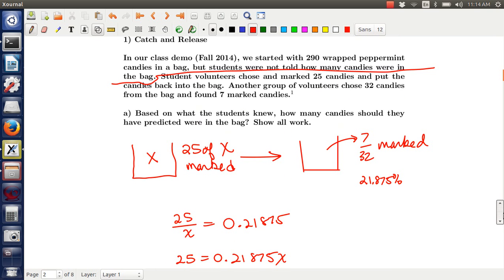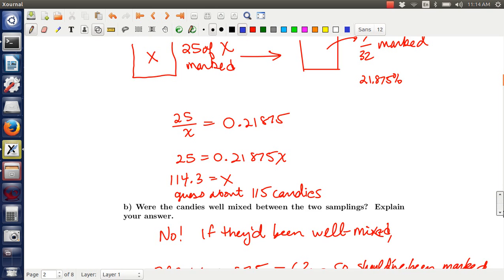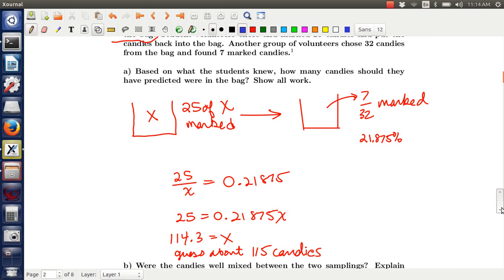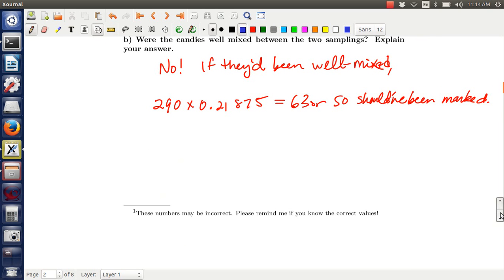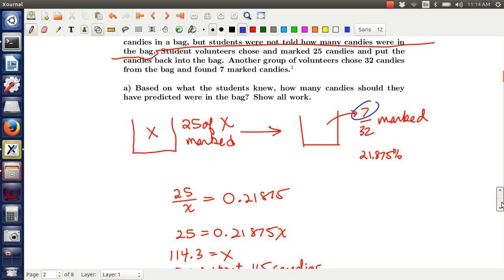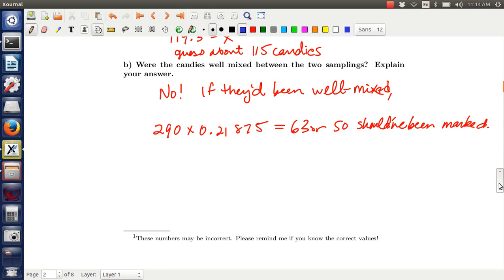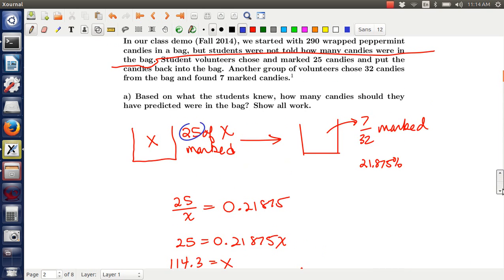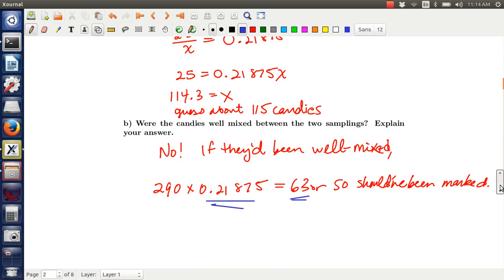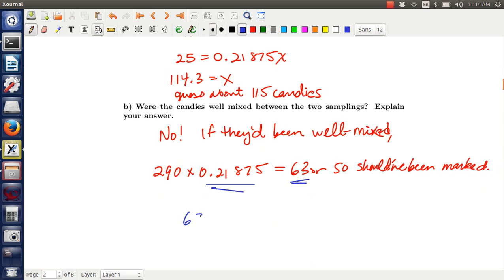But when something is so badly off like this, you can just go ahead and say that without even pulling out the fancy tools. 25 of the whole were marked. But if 21% had been marked, then 63 would have been marked. And we only had 25, and 25 and 63 are really far off.